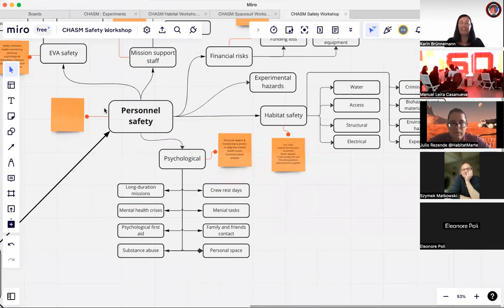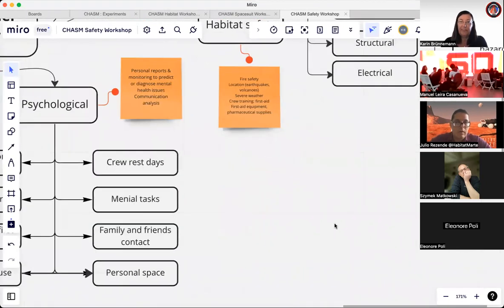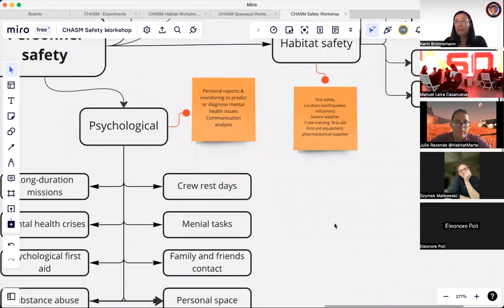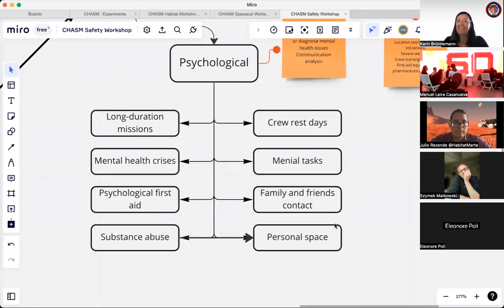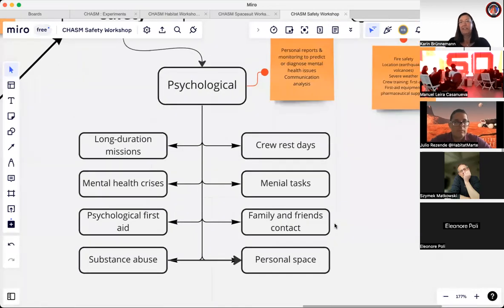We just try to give some names to the categories, but of course, if the habitat is not safe, if people don't feel safe in the habitat, that can then lead to psychological issues. They don't sleep very well, they get stressed. So these things are not independent from each other.